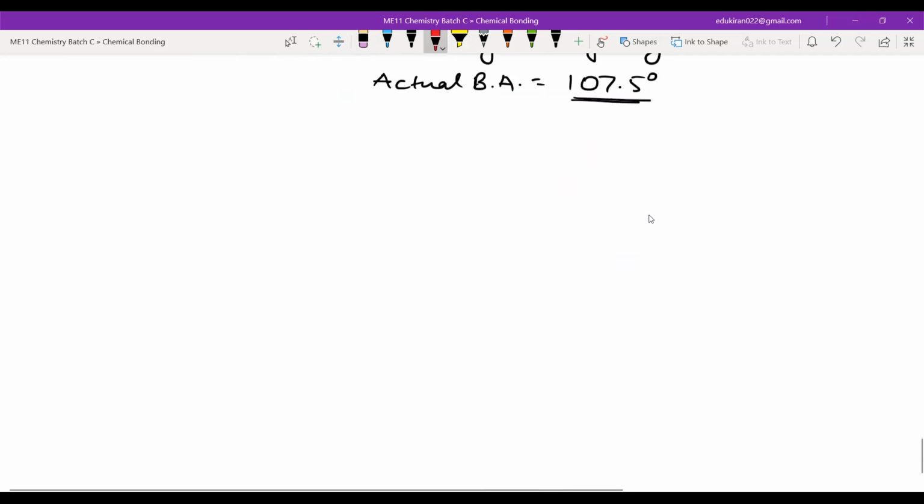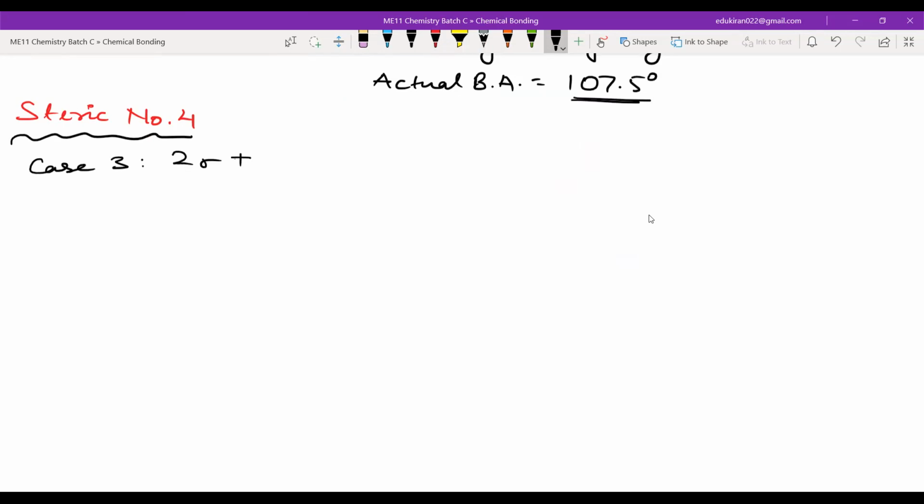Case 3 has 2 sigma plus 2 lone pairs. Now, if you have 2 sigma plus 2 lone pairs, the steric number is what? 4. Hybridization will be sp3.